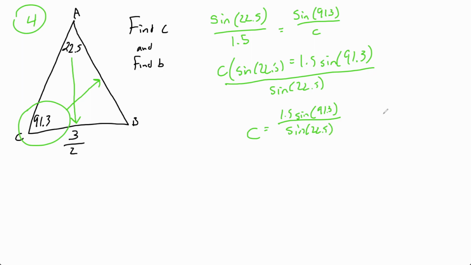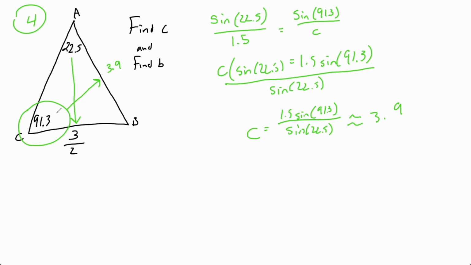And we can stick that in the calculator to get 1.5 sine 91.3 divided by sine 22.5. And we get an answer of approximately 3.9. And of course, we want to do the quick and easy check.